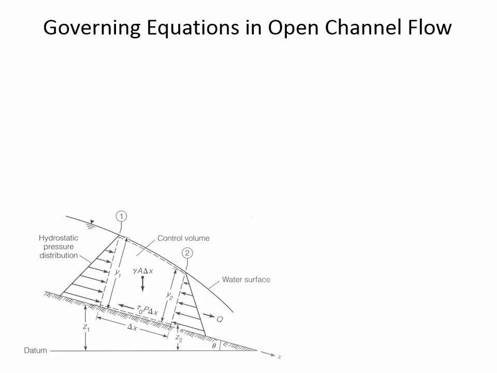All right, so let's consider an element of water. This little dashed line means we've got a control surface, and inside the control surface is a control volume, and enclosed within that volume is some water. So water is flowing downhill. This little cross hatching means dirt or a solid surface of some sort. It could be concrete. Here is the water surface. The triangle and the ripple marks tell us that it's touching the air.